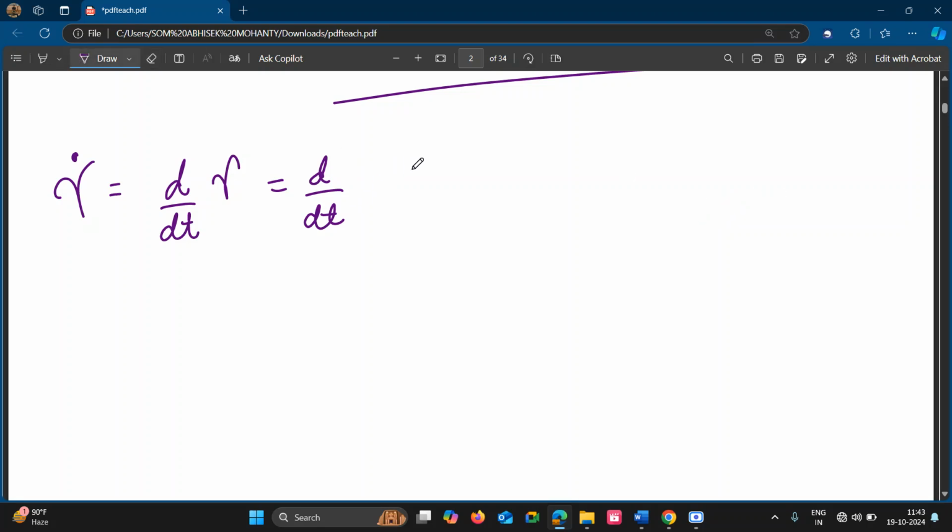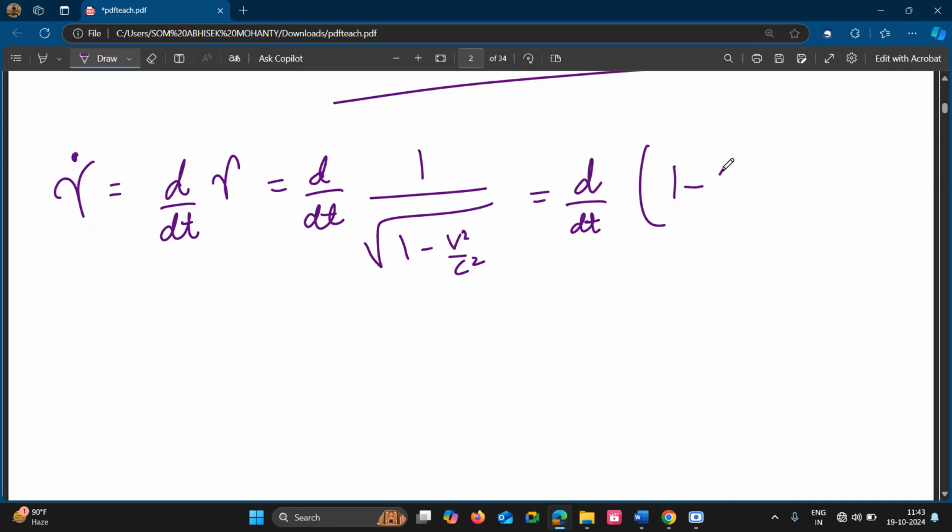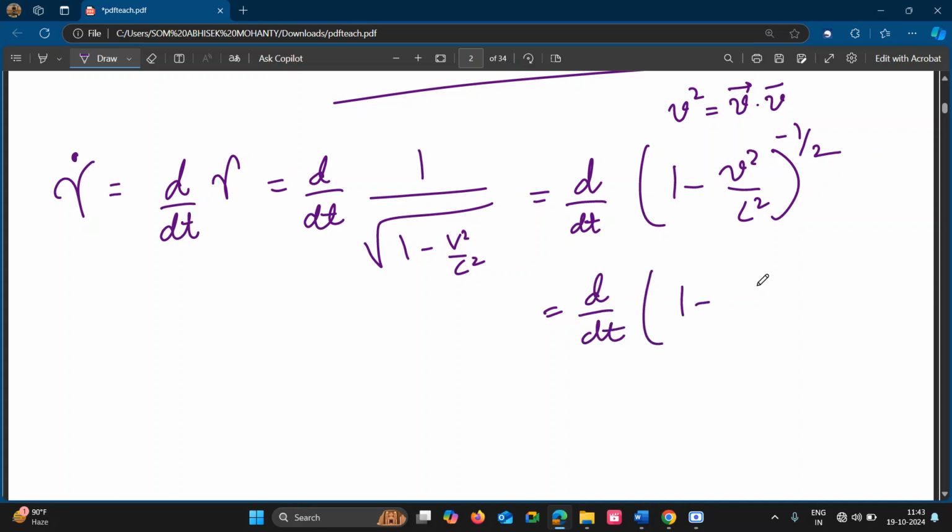D by dt of gamma is what? 1 by root over 1 minus v square by c square. I can write this as d by dt of 1 minus v square by c square to the power minus half. Correct? To the power minus half. Alright. So what will I do with v square? I will write it as v dot v. So let me write it again. D by dt of 1 minus v dot v by c square to the power minus half.